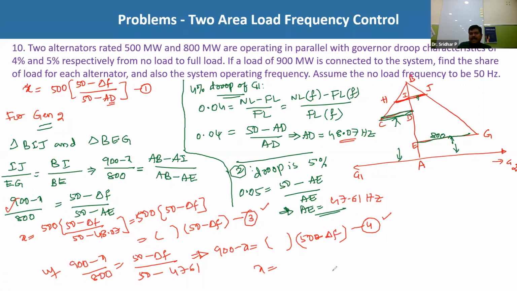One is X and the next one is delta F. Please try to solve for X and delta F and tell me the values. This is a method to identify the load sharing in two area load frequency control systems, and delta F is nothing but the change in the frequency. Can anybody tell me X and delta F? Of course, it may take 1 or 2 minutes, but please try to solve this problem.